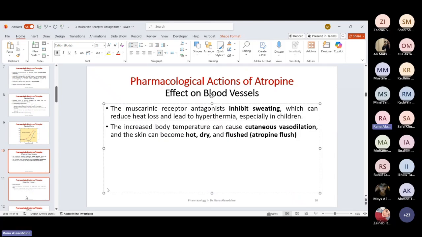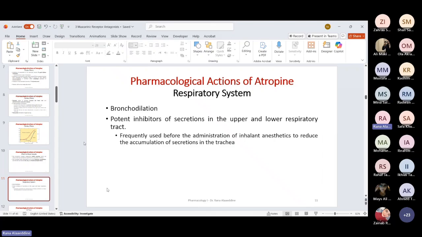All right. We haven't mentioned the respiratory system. So guys, what happens with the muscarinic antagonist on the respiration or on the bronchi? Bronchoconstriction. Yes, the muscarinic causes bronchoconstriction. But with the muscarinic antagonist, what happens?